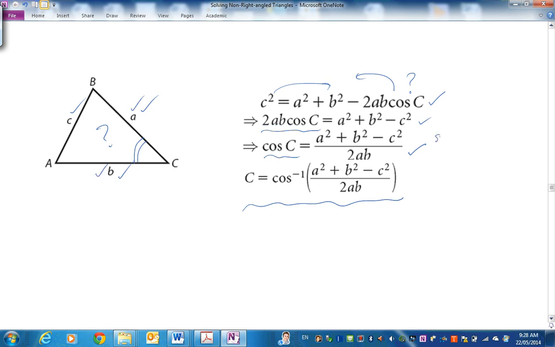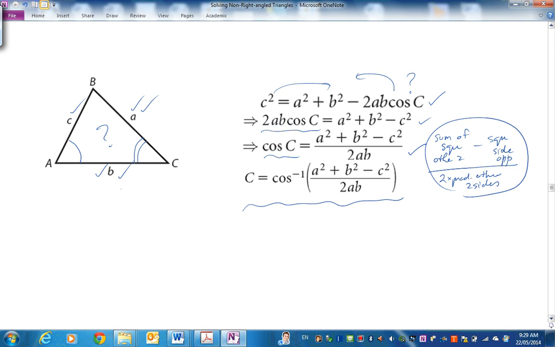Okay, let's write this down. Sum of squares of the other two sides minus the square of the side opposite the angle you're trying to find, divided by 2 times the product of the other two sides. So trying to put that in words, let's do it over here for angle A. Sorry, hang on, I've got mixed up here.